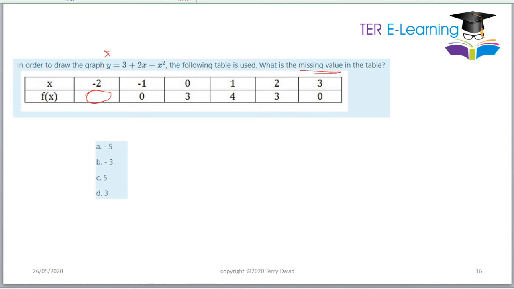Alright, so I've given you all a minute to work this out. This should be straightforward. You know what y is. y is equal to 3 plus 2x minus x squared. And they want you to figure out what is the missing value that needs to go in this table here.